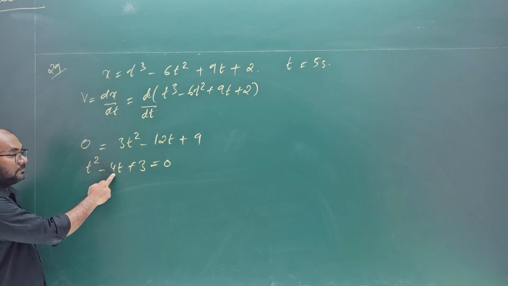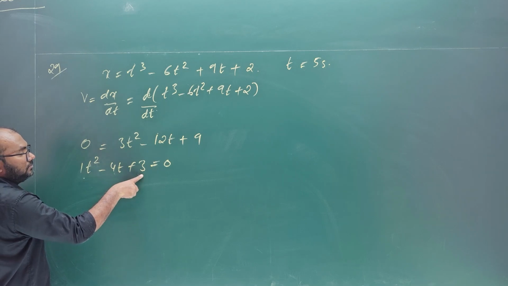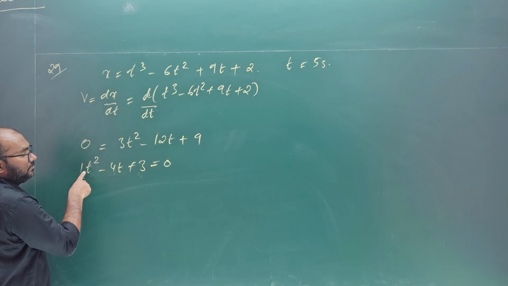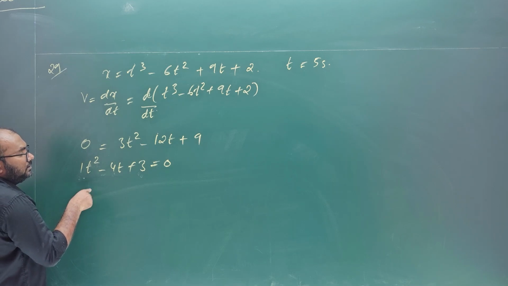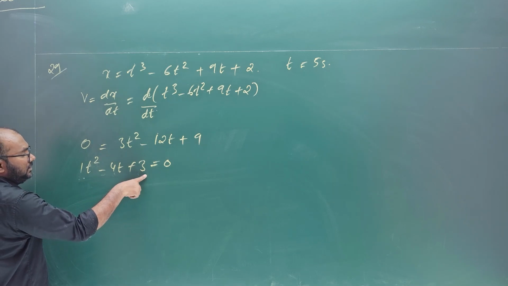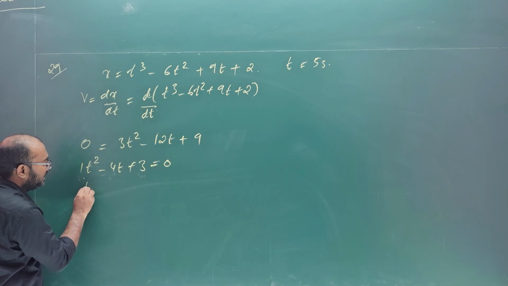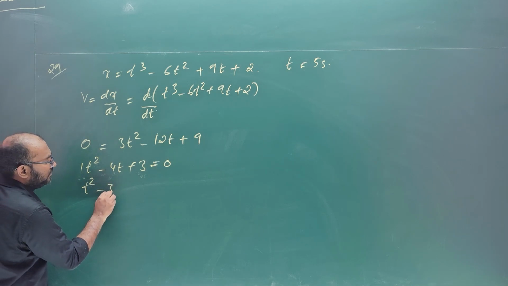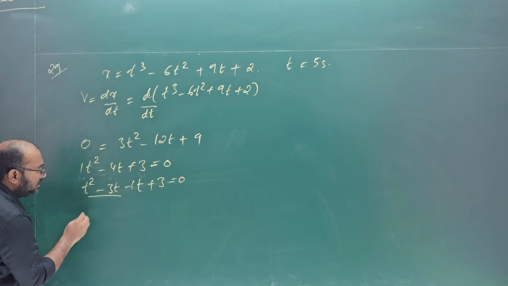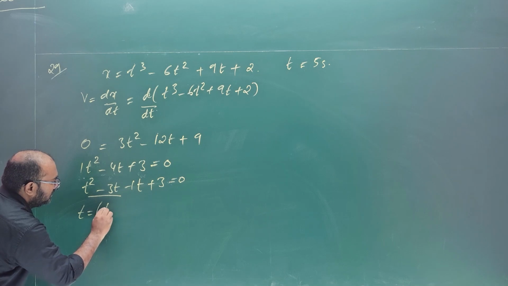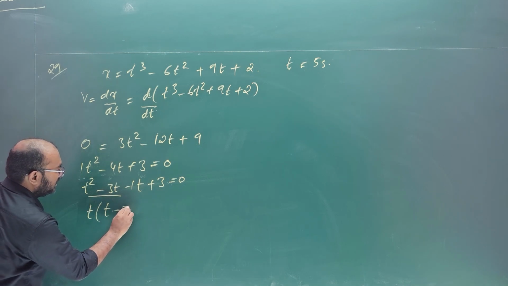We used to do it in childhood: 1 into 3 is 3, 3 into 1 is 3, and 1 plus 3 is 4. We should be getting minus 1. That means minus 1 into minus 3 becomes 3, and if we add it becomes minus 4. So this can be written as t square minus 3t minus 1t plus 3 is equal to 0. Taking t as common, t into t minus 3.